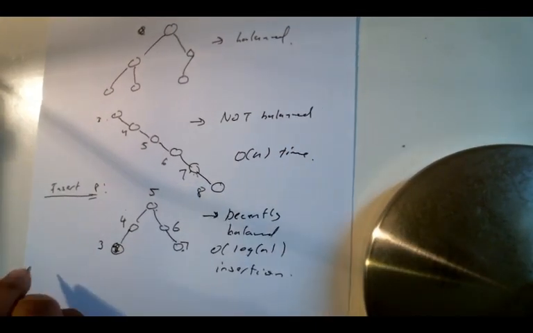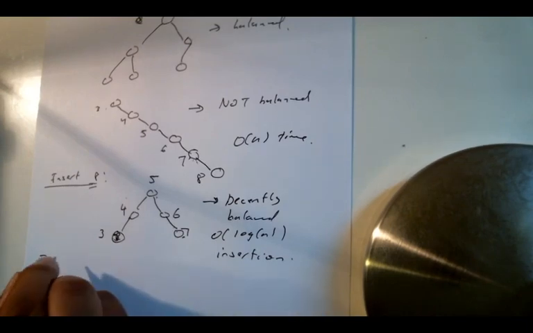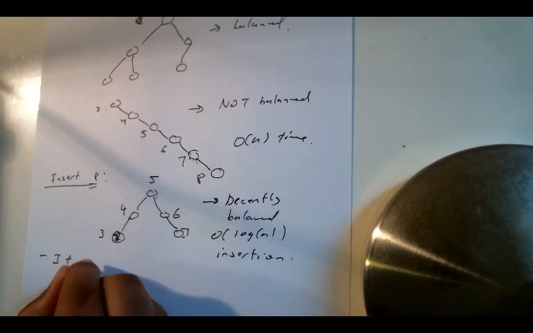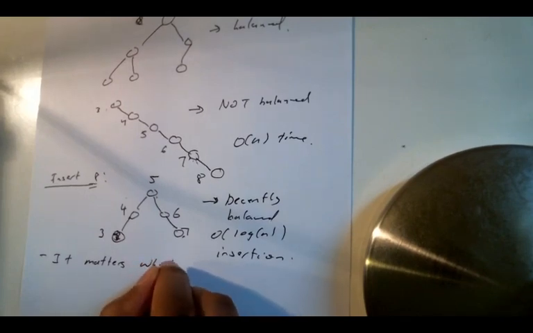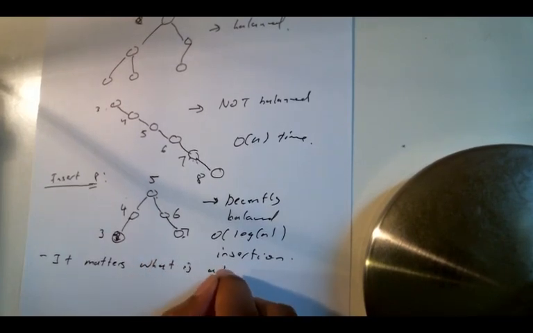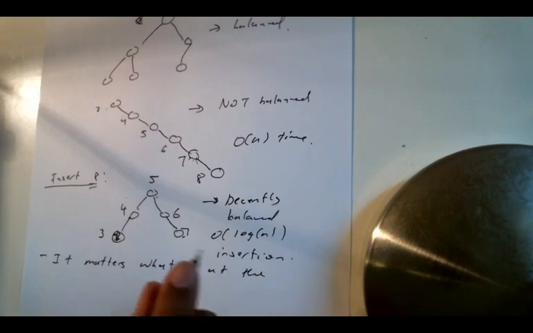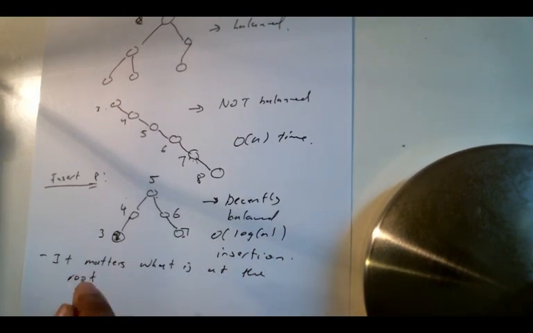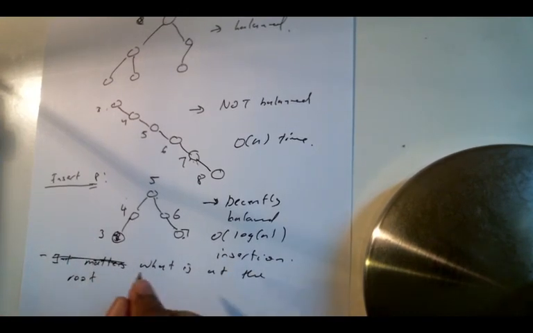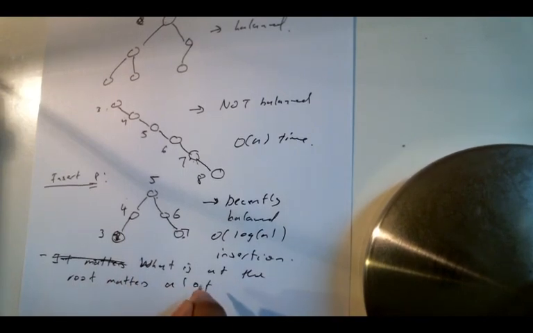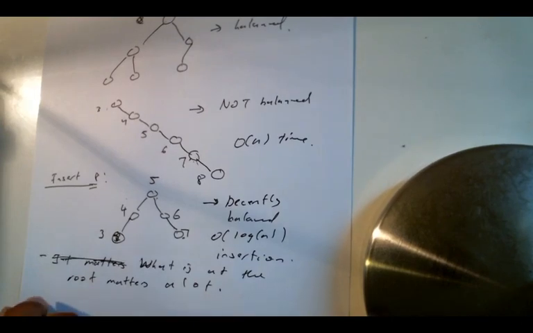Which is that it matters what is at the root. Right? So the root matters. I'll write it this way. What is at the root matters? A lot, actually. Right? And it determines the runtime for the insertion.